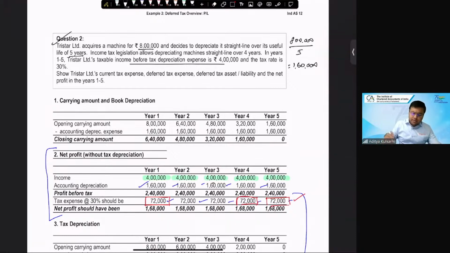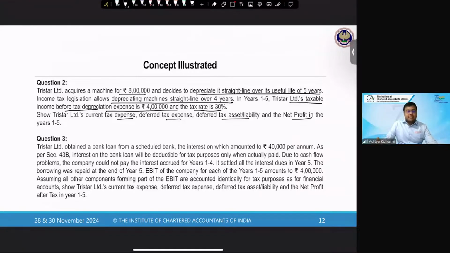Okay. Now on similar lines, we have a deferred tax asset working. TriStar obtained a bank loan from a scheduled bank, the interest on which amounted to rupees 40,000 per annum. As per 43B, interest on the bank loan will be deductible only when it is actually paid. Due to cash flow problems, the company could not pay the accrued interest for years 1 to 4.